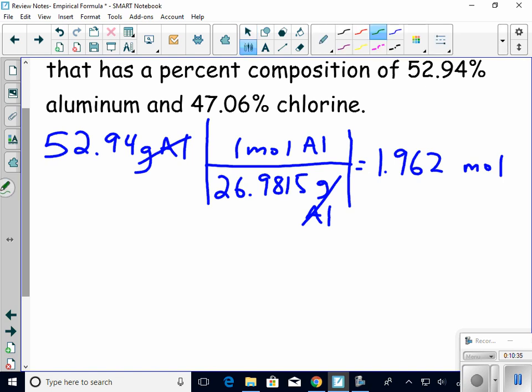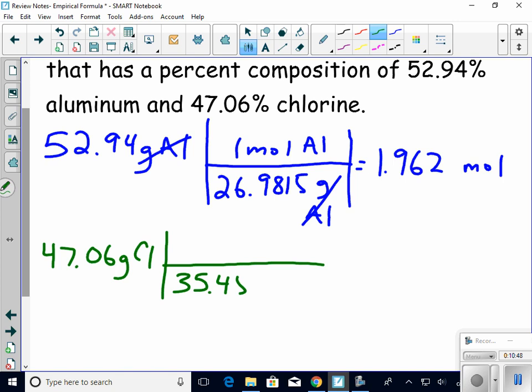Chlorine, 47.06 grams of chlorine. I just did chlorine. I believe the number was 35.45 grams of chlorine is 1 mole of chlorine, right?